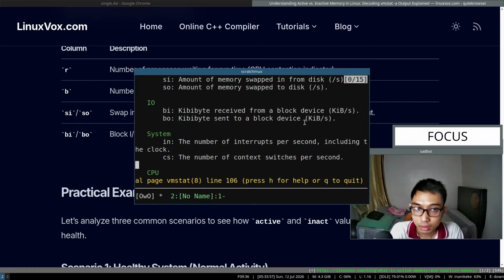Okay, received from a block device and then sent to a block device. So maybe in and out, block in and block out, maybe something like that. Hey, wait a minute. Sent to a block device.